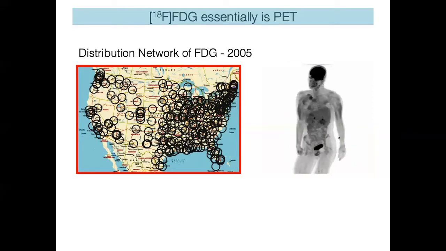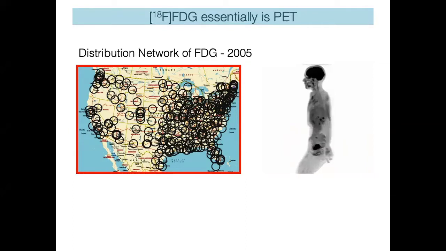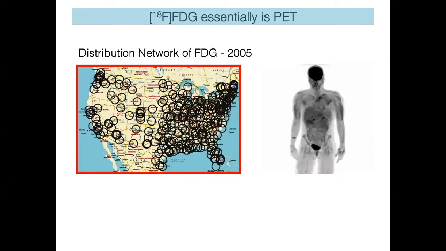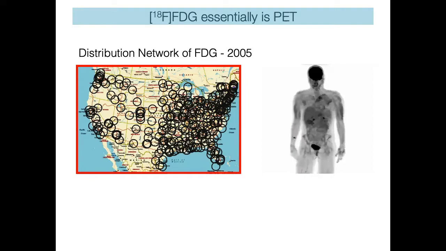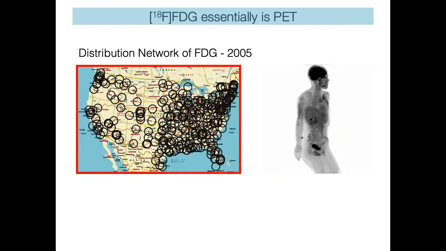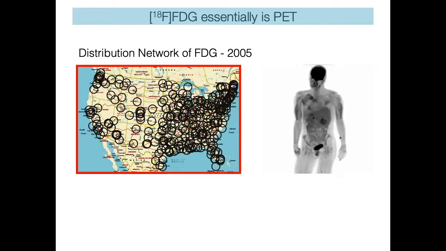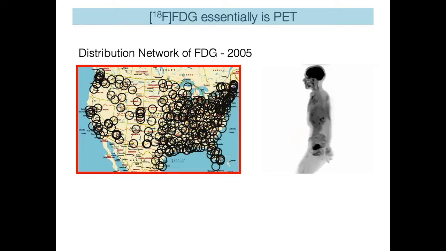It is a gold standard to use FDG PET for oncologic imaging because tumor cells really divide at a much higher rate, so they use much more glucose compared to other tissue cells in your body. So it really comes out as this bright spot and has very, very good contrast compared to other tissue types. That's why it's the gold standard in cancer imaging.